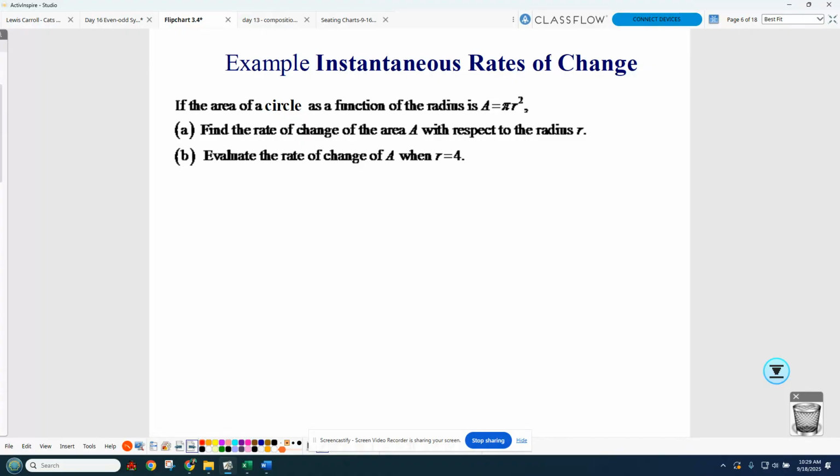And what would that rate of change be when the radius is 4? 16 pi?